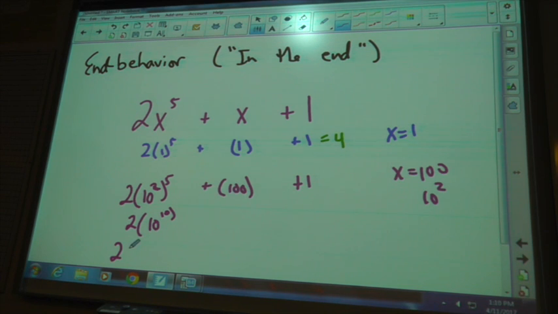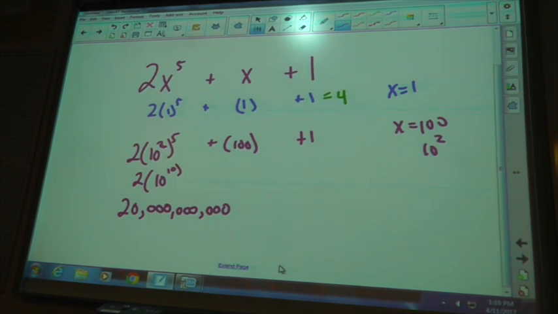That's 20 billion. So the final answer is going to be 20 billion and 101, right? Or 20 billion, right?